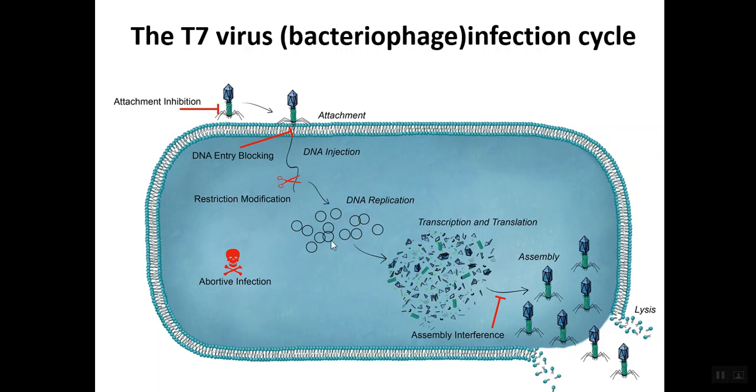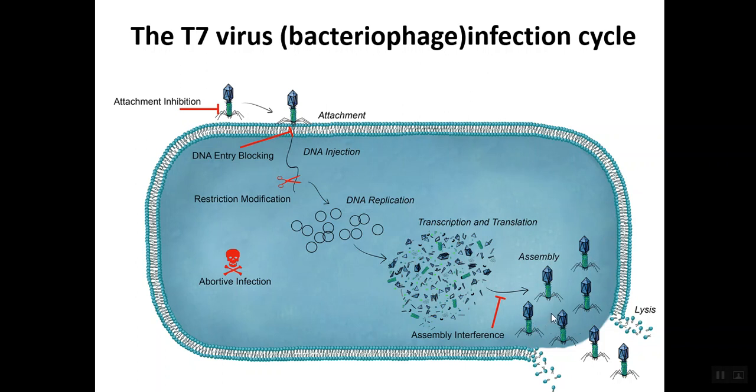Now, once all these copies are made, this stretch of DNA contains genes. Genes make proteins, and so this replicated DNA instructs the cell to make all the proteins necessary to reconstitute all the viral particles, which are represented here.